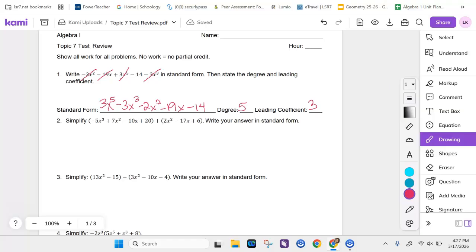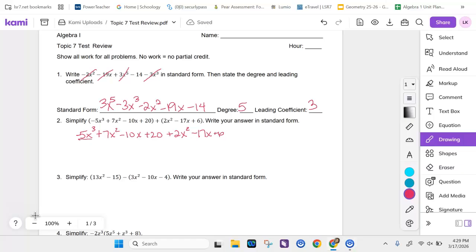Simplify. Negative 5x cubed plus 7x squared minus 10x plus 20 plus 2x squared minus 17x plus 6. With adding, I'm just dropping my parentheses. Now we're going to combine like terms.